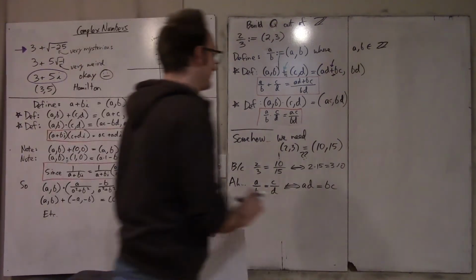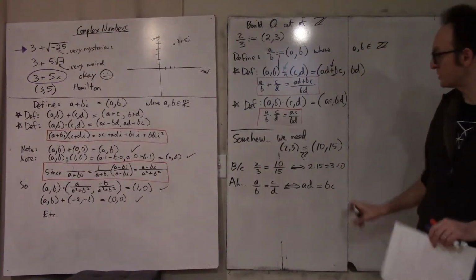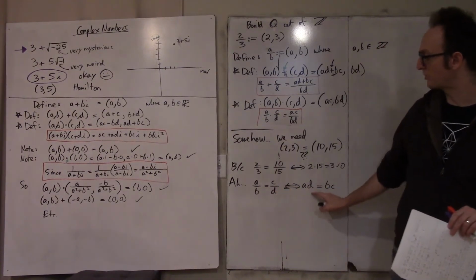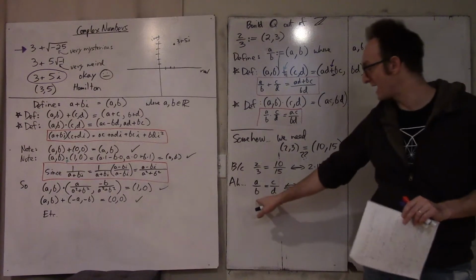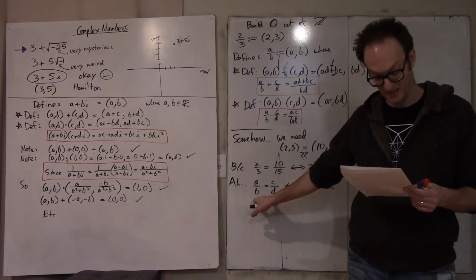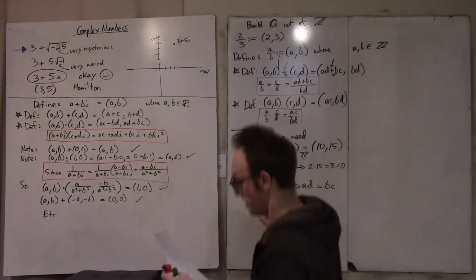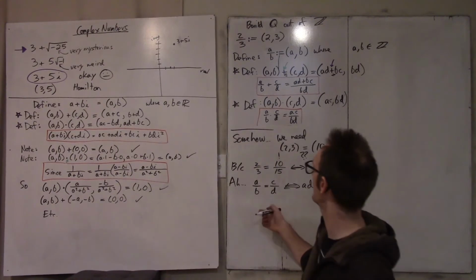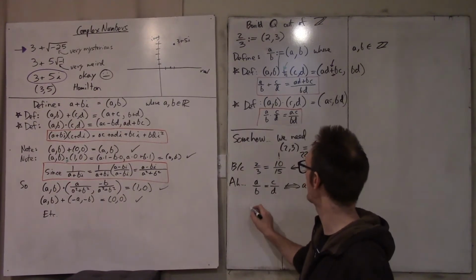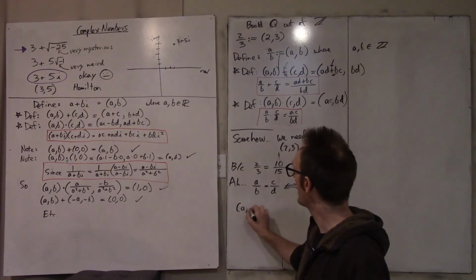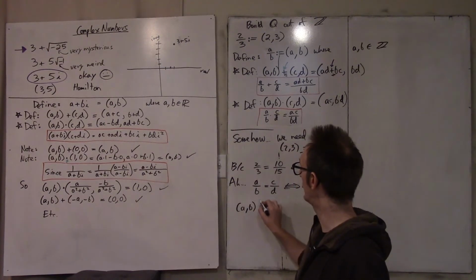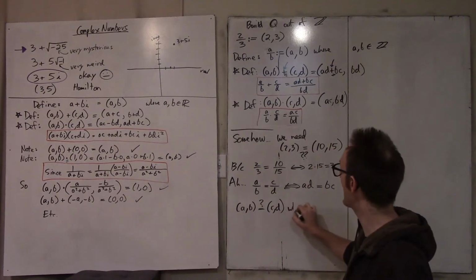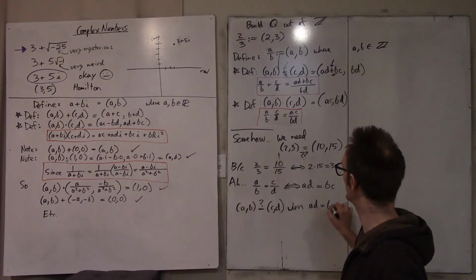And so, if I'm trying to understand and analyze rational arithmetic in terms of integer arithmetic, then I need to find some way for the ordered pair A comma B to equal the ordered pair C comma D when AD equals BC.